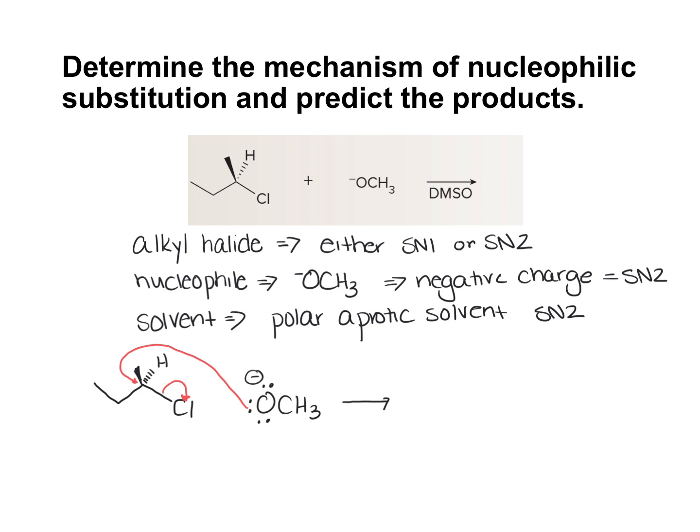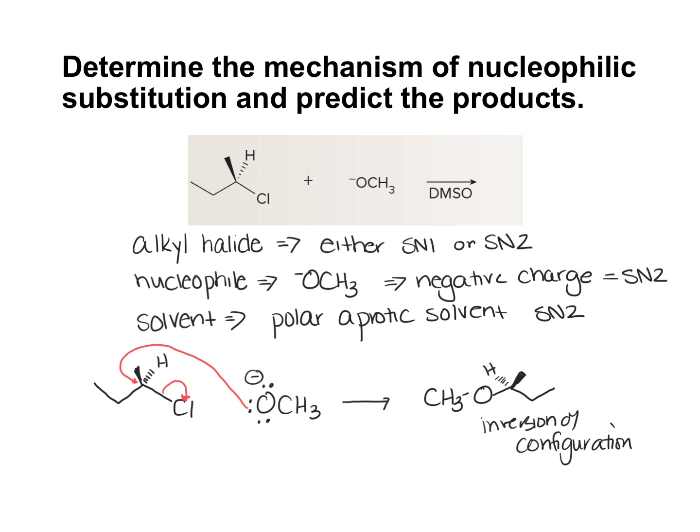So when it does this, I'm going to start writing my CH3O, right? And then we're going to see where it interconverted here. So you have an inversion of configuration. So you can't forget the stereochemistry when solving these problems.